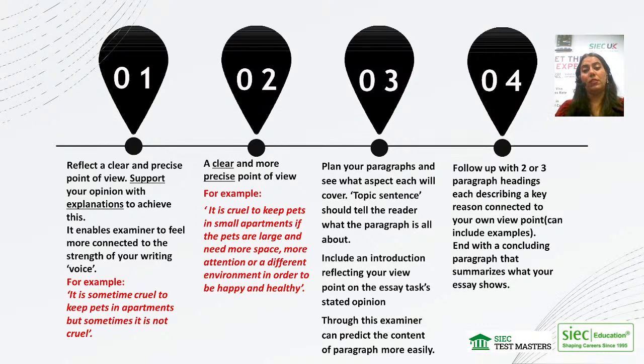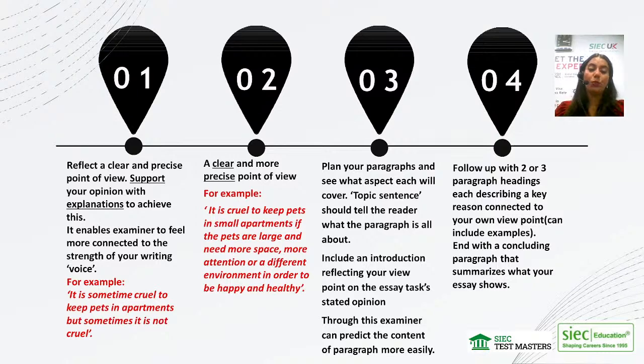Now, the third step is, when you plan your paragraphs, that yes, okay, I'm going to start with the topic sentence. Let's say I want to have a strong opinion about it, that yes, it is not that cruel if so and so things are met. Now, once I give a topic sentence, topic sentence meaning it is a definition, or it is an introduction to your body paragraph. It is the exact line when the reader reads it and they are able to get clarity on what the paragraph is all about.